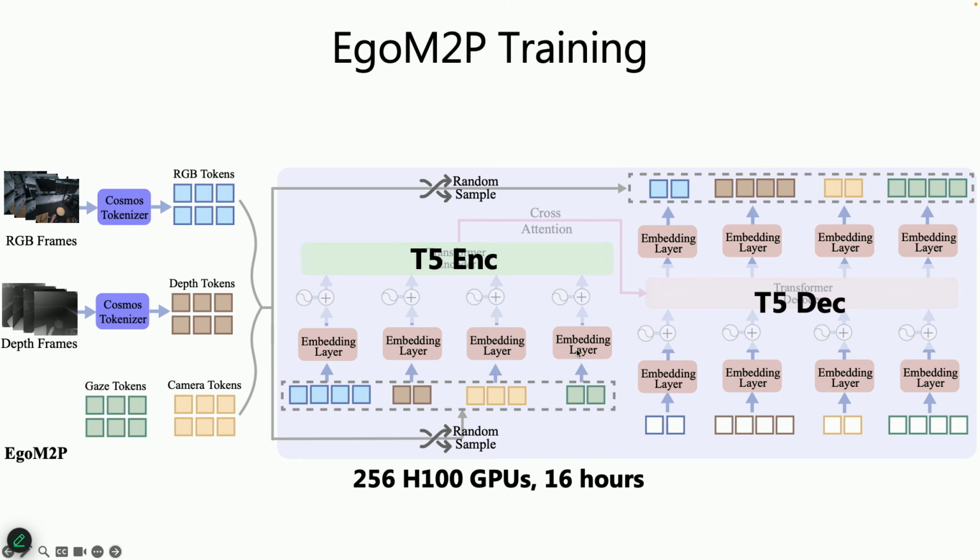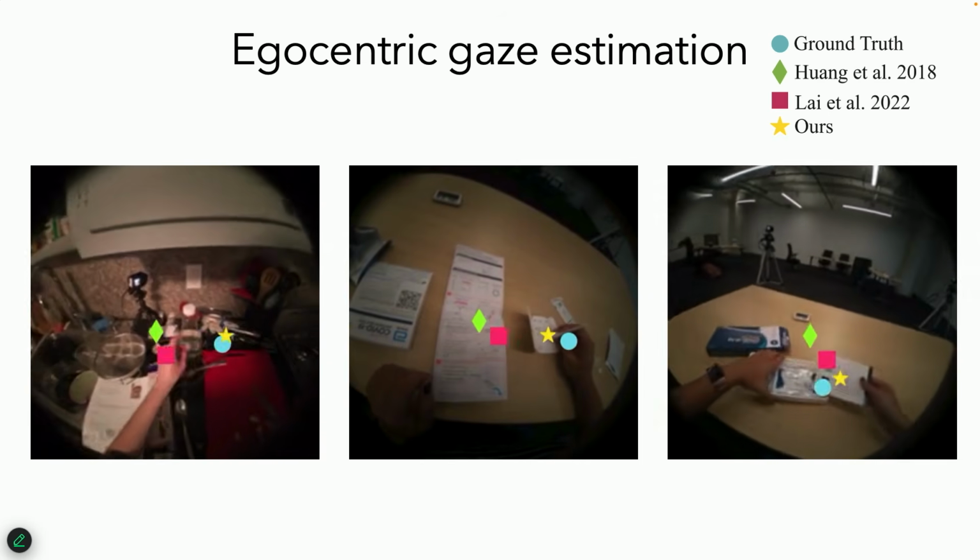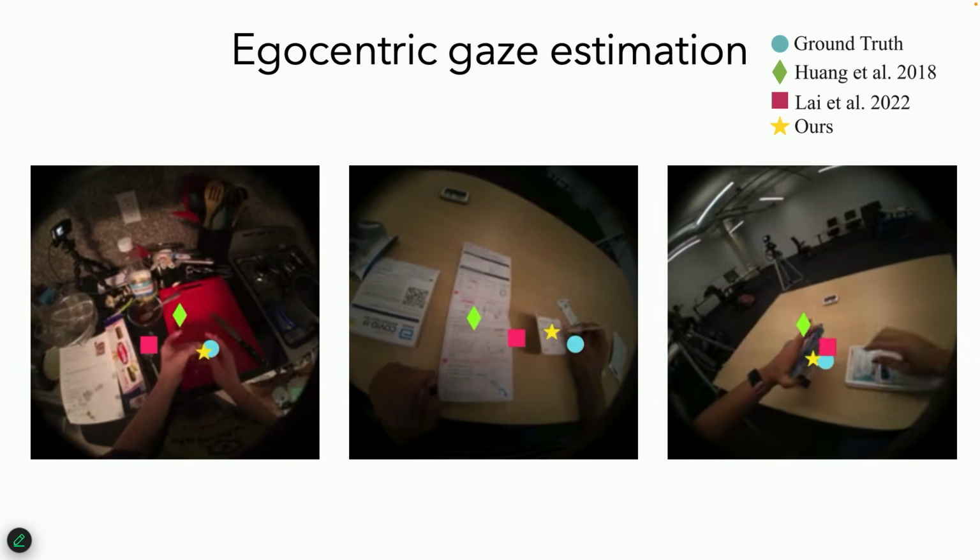We do this pre-training using 251 H100 GPUs and 16 hours, and we train this multitask, multimodality model. So now I want to show you how this model performs.